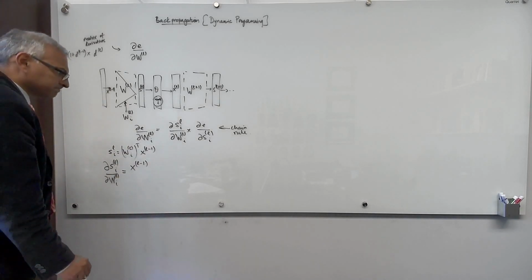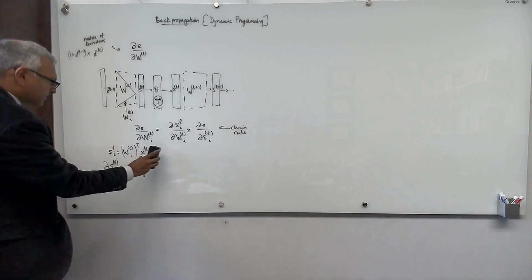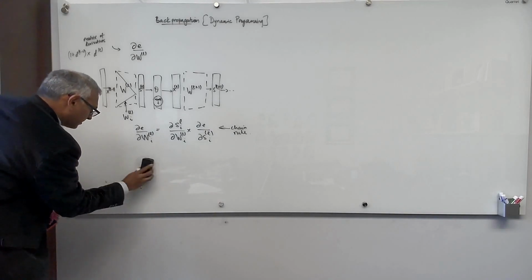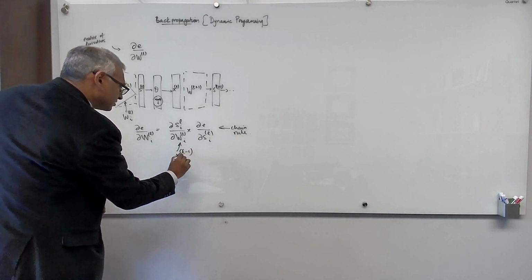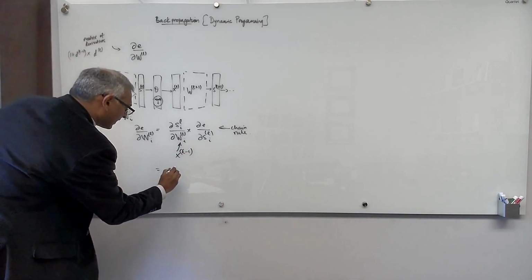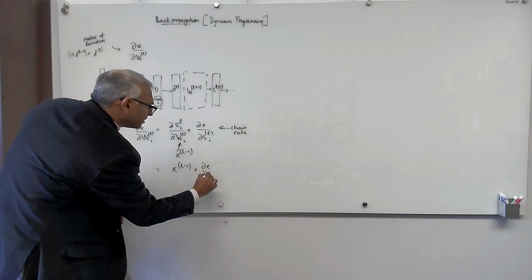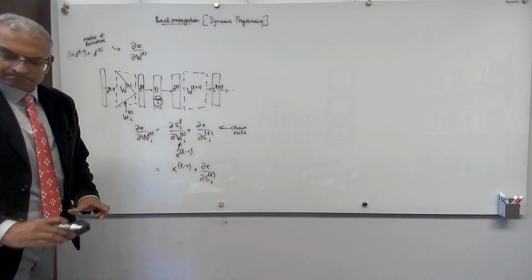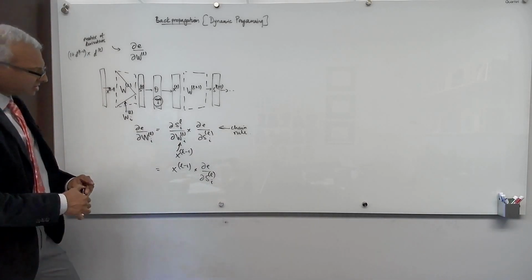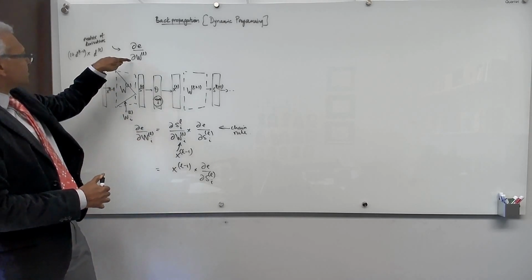Okay, so I'll erase this, and we've just computed that this guy is x_{L-1}, so this is equal to x_{L-1} times dE/dS_L^i. Okay, good. But this is just one column of derivatives in this matrix.